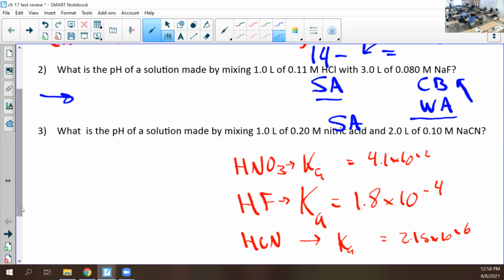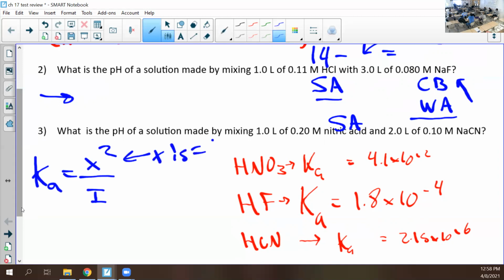So they're the same. What does that mean? It means it's just a weak acid. And that Ka is our x squared over initial. And remember that x is equal to H plus.